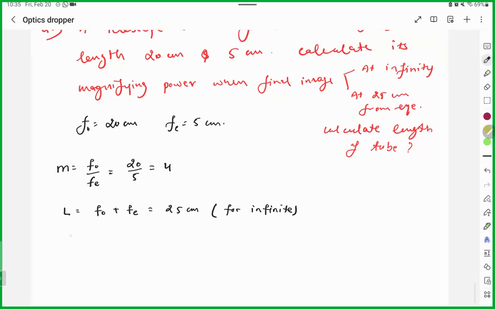And then if you calculate the magnification, F0 by Fe, 1 plus Fe by D. This is equal to 4, 1 plus 5 by 25, that is 1 by 5, 0.2. So 0.2 plus 1 is 1.2. So 1.2 times 4 will be 4.8. So at infinity, the image is 4 times bigger, but at the near point, it is almost 5 times bigger.